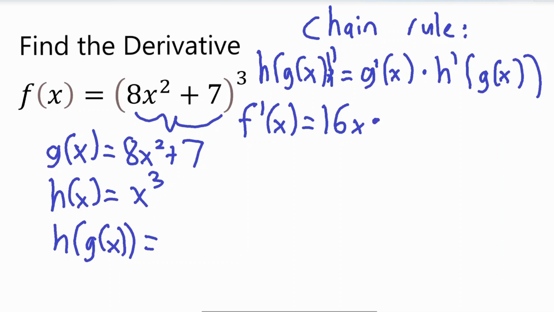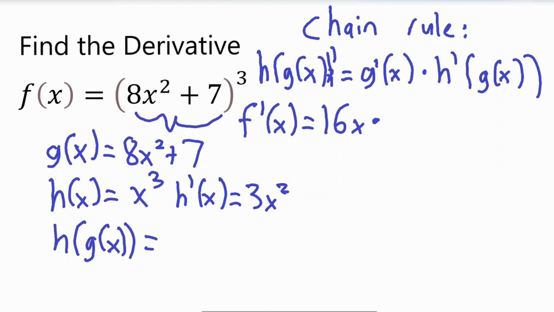And now, h prime of g of x. So now we find h prime. So h prime is equal to, remember, multiply the exponent by the coefficient. 3 times 1 is 3. x, subtract the exponent by 1, it gives us 2. 3x squared.